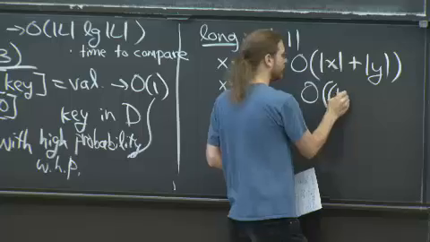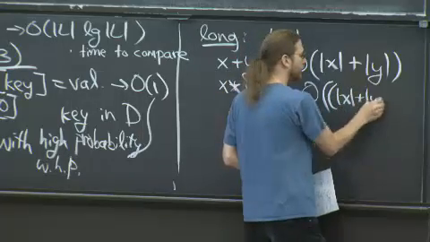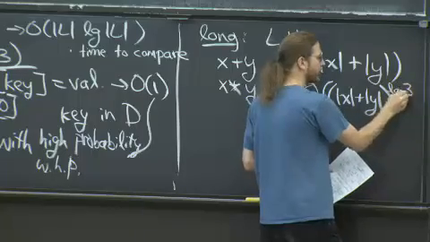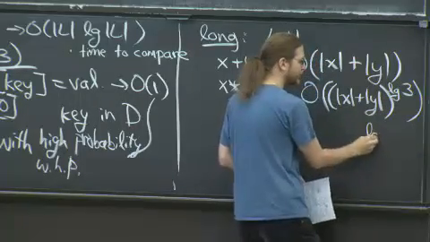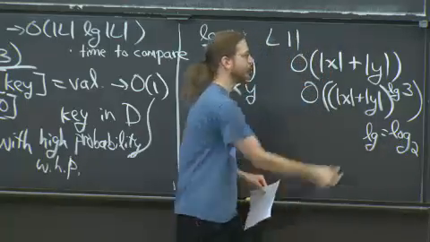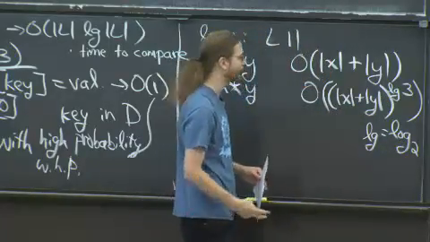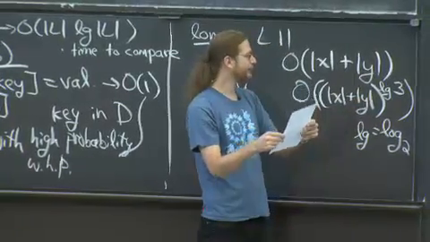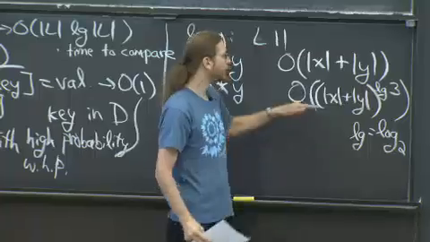The algorithm that's implemented in Python is (x plus y) to the log base 2 of 3. By the way, I always write lg to mean log base 2, because it only has 2 letters, so base is 2. Log base 2 of 3 is about 1.6.